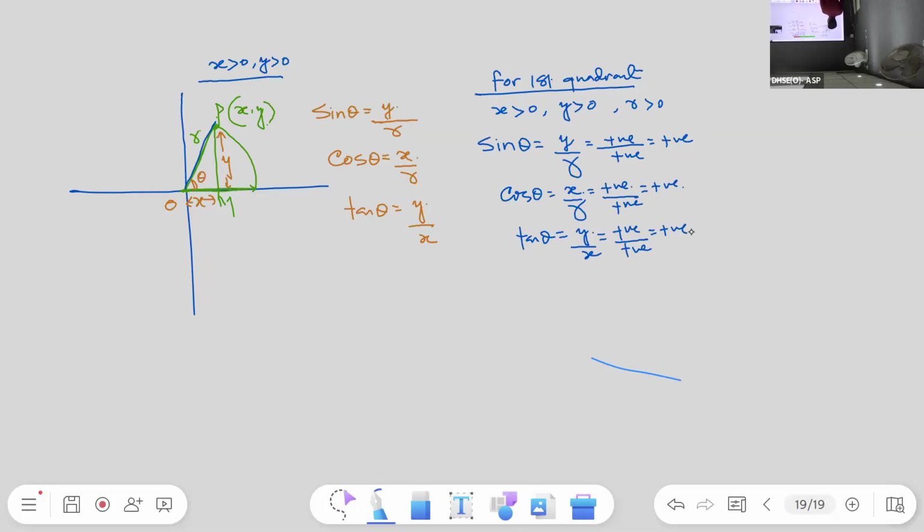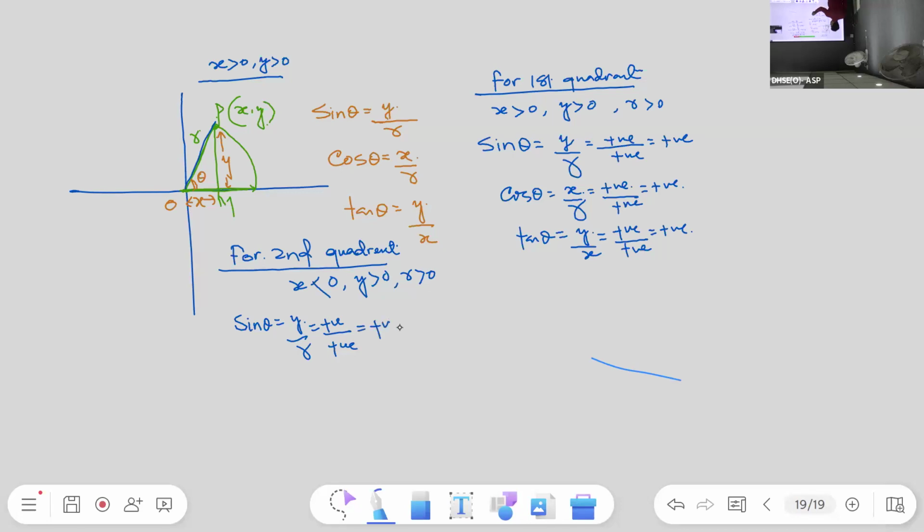For second quadrant, x is less than 0, y is greater than 0, and r is always positive. So sin theta is equal to y upon r, positive upon positive, is positive.